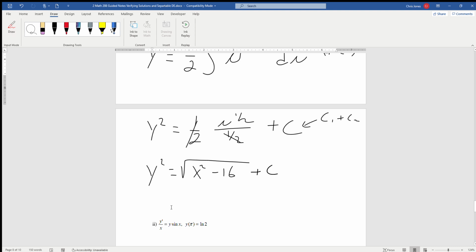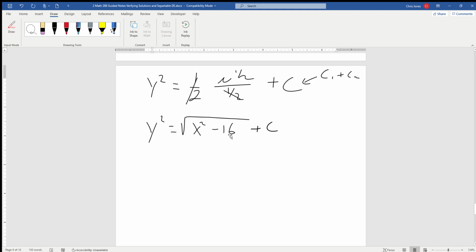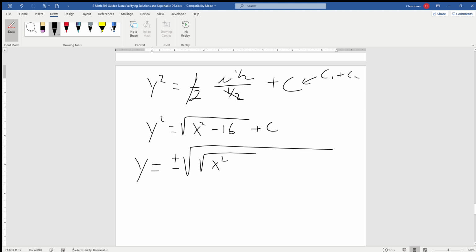And if I wanted an explicit solution, I'd have to take the square root of both sides. It's going to get a little bit messy, but that's okay. So y is going to be equal to, now remember there's two roots, so it's a plus or minus, the square root of the square root of x squared minus 16 plus c. Now this is our general solution.